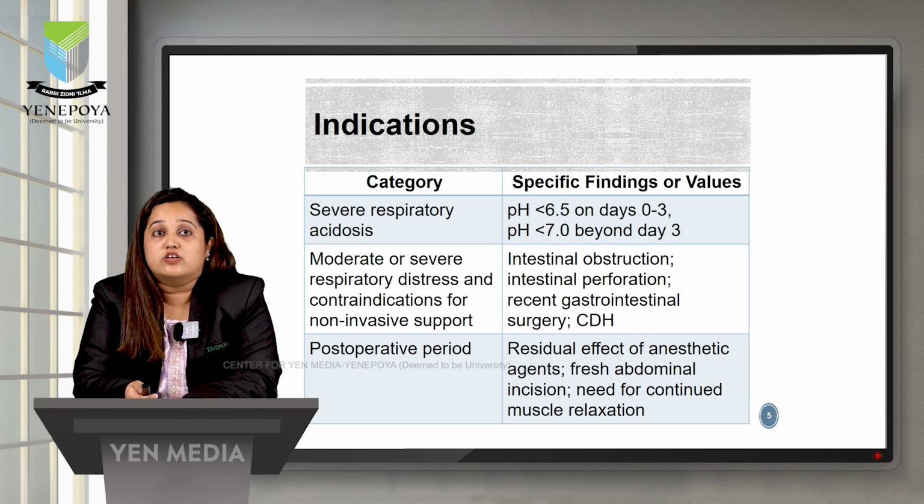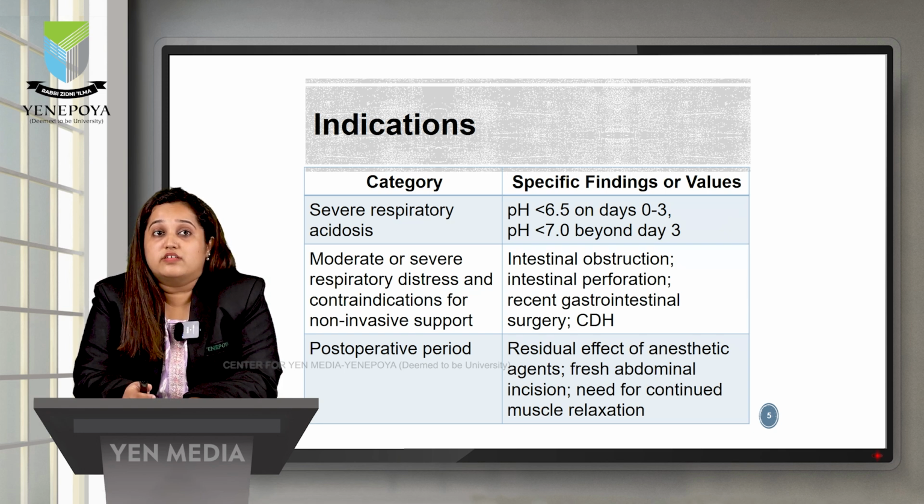If there is moderate or severe respiratory distress, like I said, if you see obvious signs of respiratory distress in the baby, it could be either grunting, retractions, tachypnea, or cyanosis, then you definitely know that you have to go for invasive mechanical ventilation.